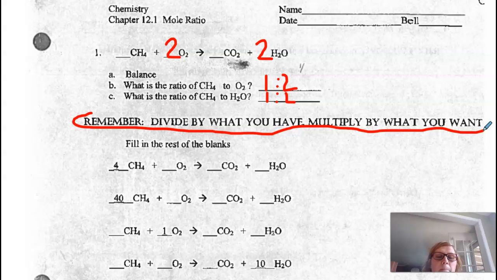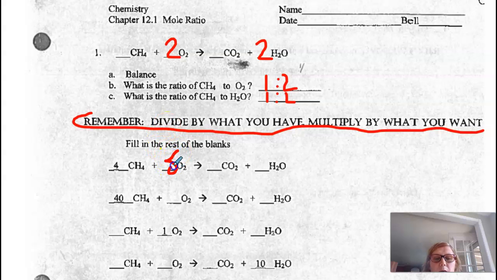For example, if I have 4 moles of CH4 and I want to determine how many moles of O2 I'm going to react, I take 4, divide by 1, which is 4, times 2, that would be 8.